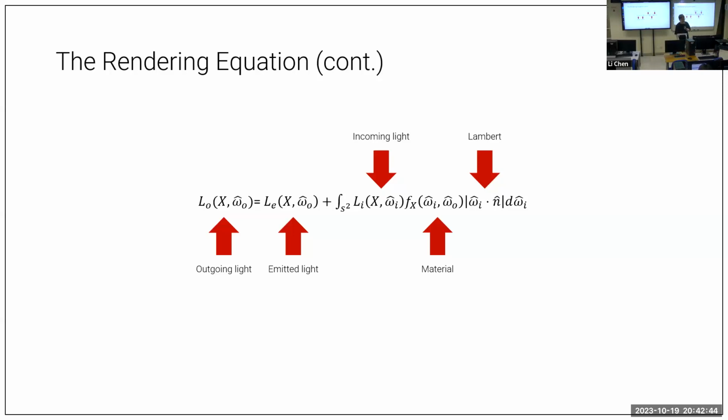This function, this f(x), simply tells you how the incoming light will interact with the emitting light. So this is a super abstracted form of material.